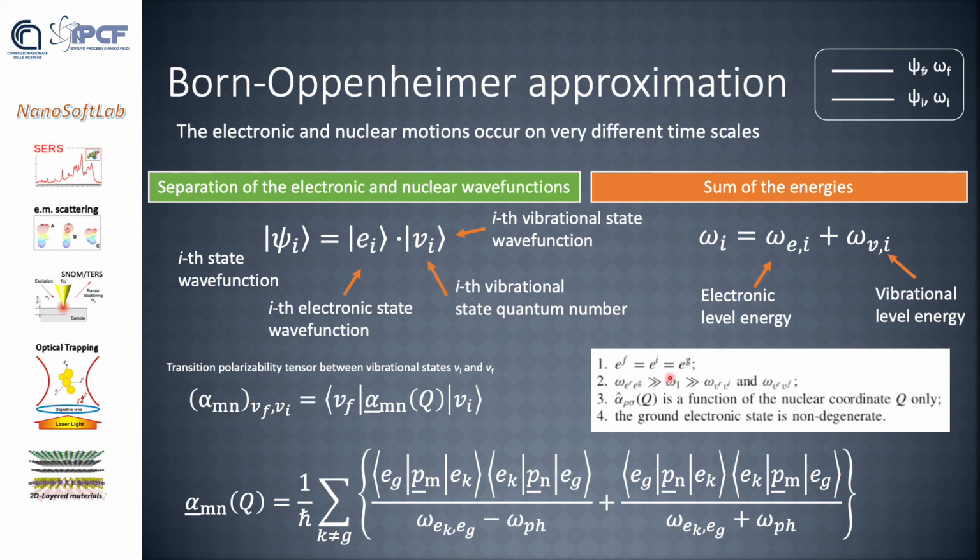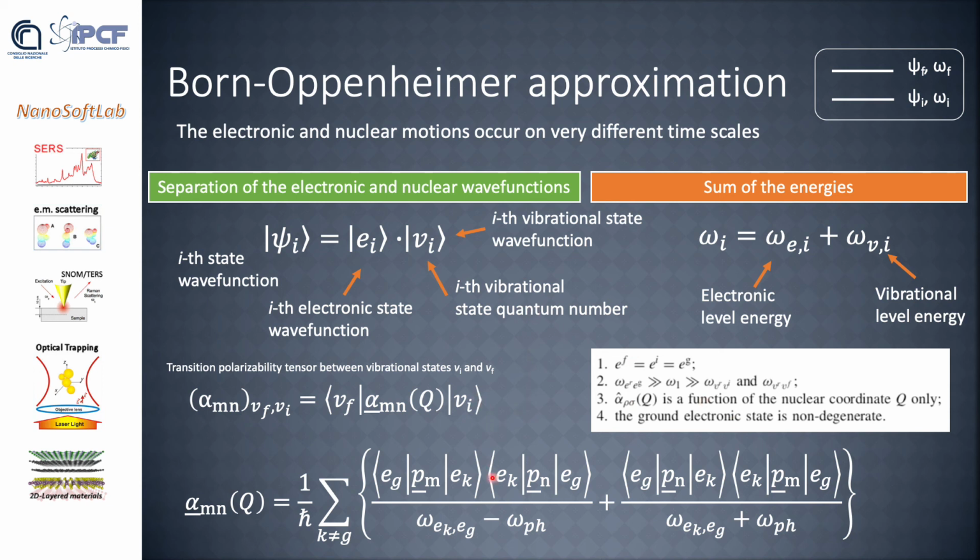This can be done if and only if the final electronic state is coincident with the initial electronic state and is coincident with the ground state, if the energy of the electronic state is much larger than the photon energy, and this is as well much larger than the vibrational transition energy, so if we are dealing with normal Raman spectroscopy, if alpha is only a function of the nuclear coordinates q, and if the ground electronic state is non-degenerate.